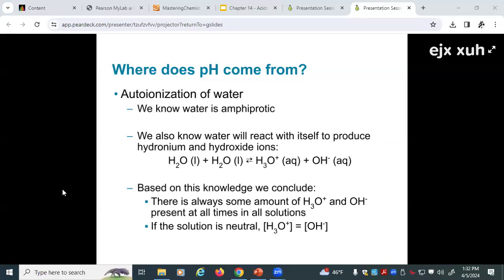And so if we think about those Bronsted-Lowry definitions, we can see that if water acts as an acid, it would create hydrogen. And if water acts as a base, it would create hydroxide. And we know from our extensive studies of water that water actually does do this to itself to a relatively small degree.